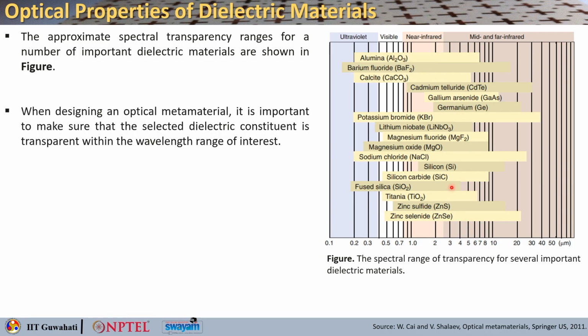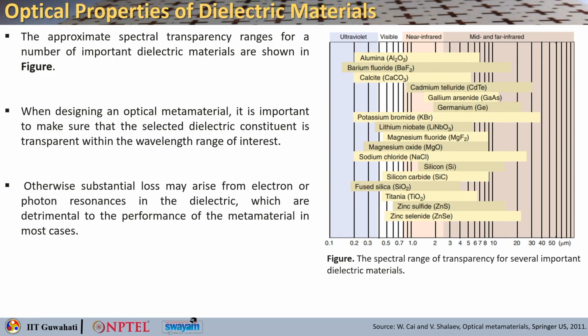When designing an optical metamaterial, it is important to make sure that the selected dielectric constituent is transparent within the wavelength range of interest. So, that is where you can refer to this particular chart. If you do not do that, there will be substantial loss arising from the electron absorption or phonon resonances in the dielectric, which is not good for the metamaterial performance, right.